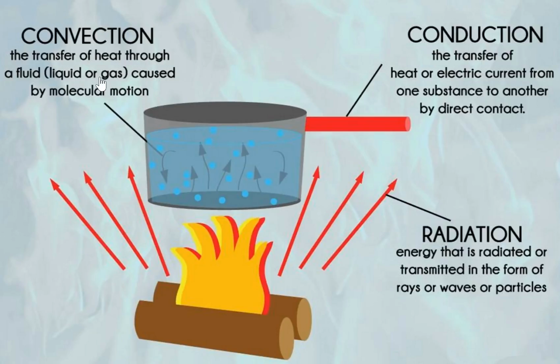Buoyancy is an upward force on an object or a substance that is in a liquid or a gas. Buoyancy and density are directly related. For example, oil is less dense and more buoyant than water, so oil floats on the water's surface. And we see this whenever there's an oil spill in the ocean, the oil stays on the top of the ocean water.